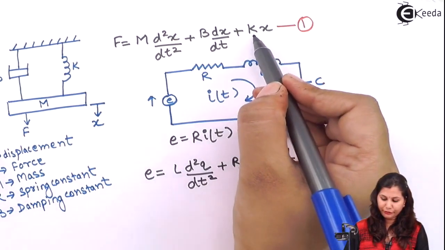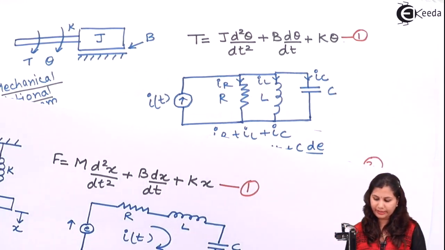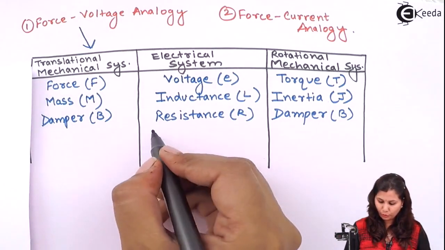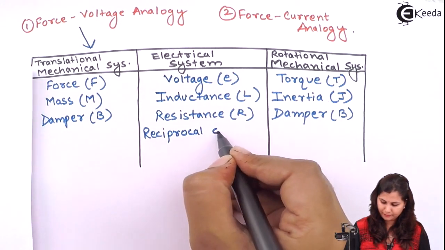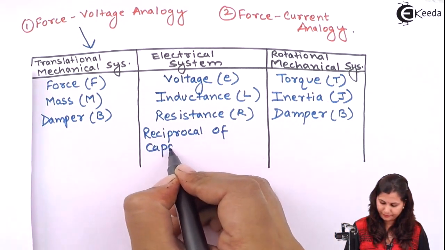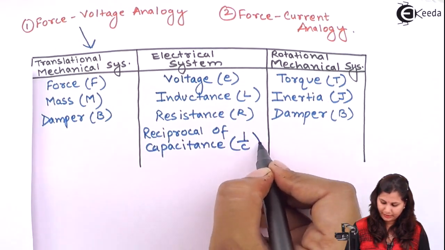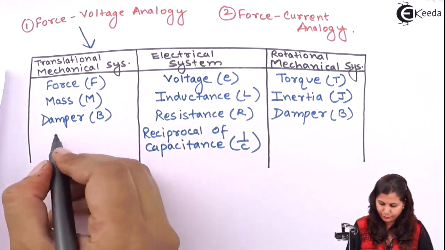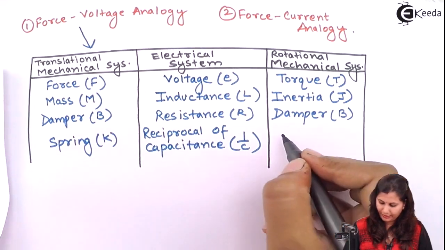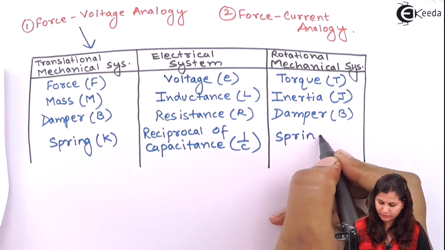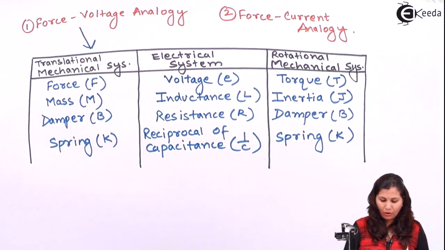It will be equivalent to the spring constant K, and here the spring constant again as K. So the reciprocal of capacitance, 1 by C, is equivalent to spring constant K, and here also spring constant K.